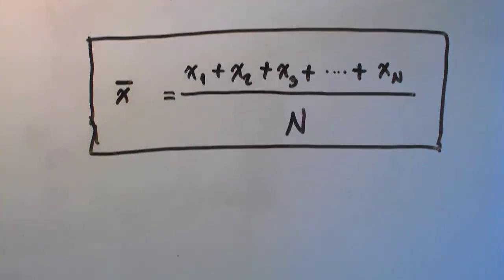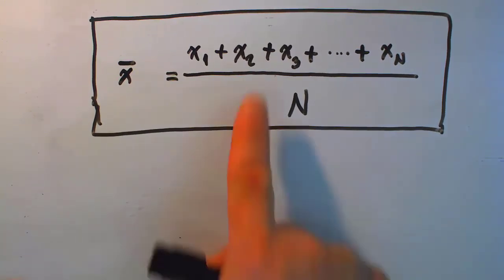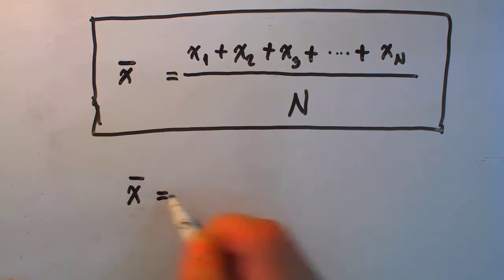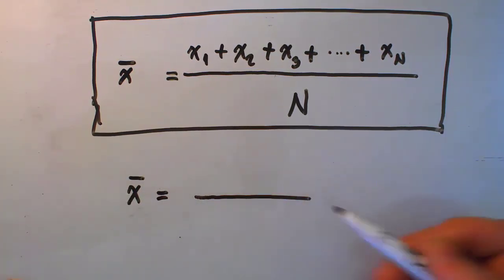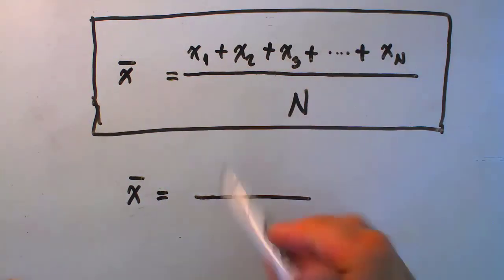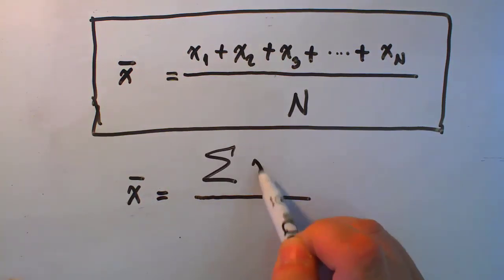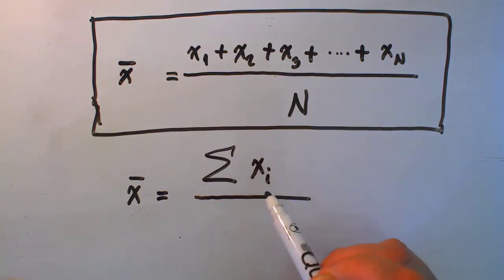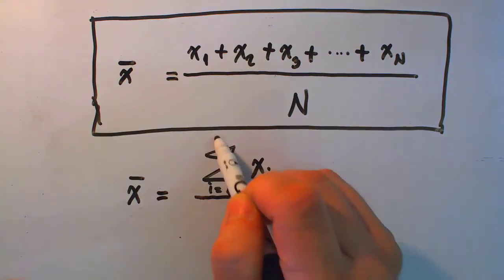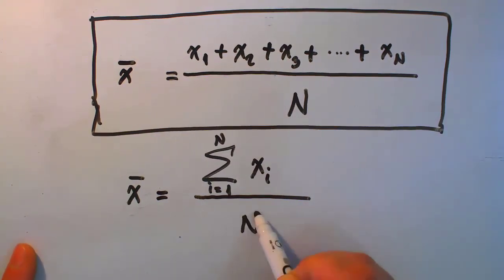Now, quite a few websites these days actually decided to use a summation notation. I'm not too particular about that; you have to be able to operate with the summation notation, but that same sum right here, it's a sum, and so we are summing up all the x values with indices i, from the first value i equals 1 to the end index n, and then divide by how many there are.